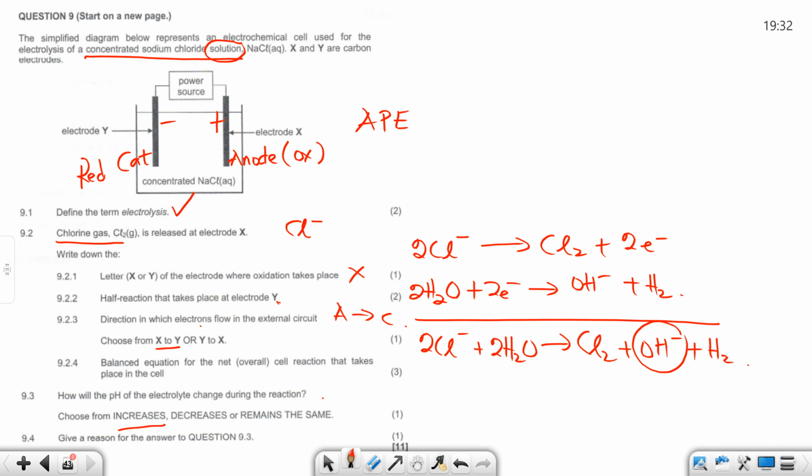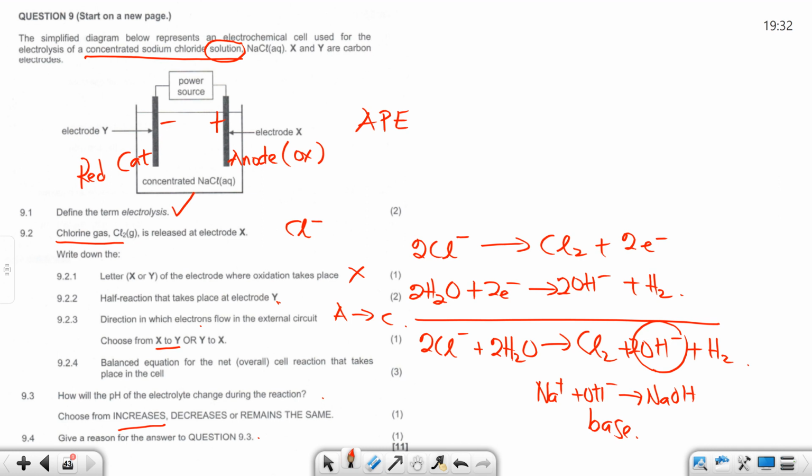A base is to the far end of the 14. 2OH, right? So this one here is going to connect with the sodium that is there to form NaOH, which is a base. Make sense?